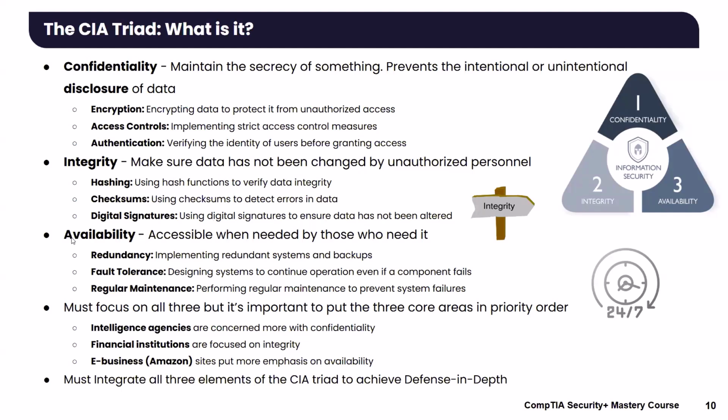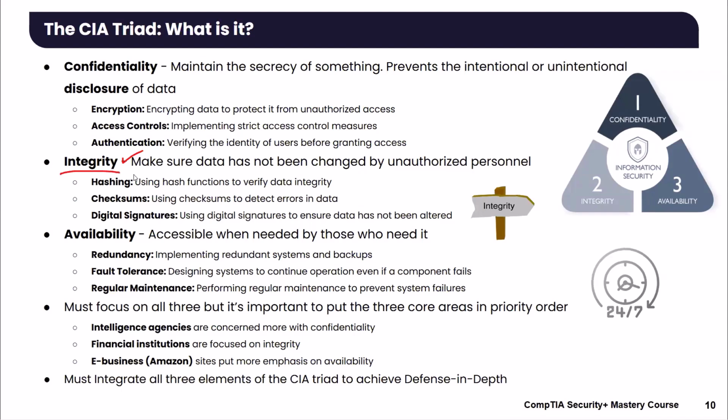Right. Another one we have is availability. Accessible when we need it. Availability is important. And I didn't mention the industry where integrity becomes very critical. The industry is banking. Banking, money, transactions, that kind of stuff. Integrity is a priority for these people.